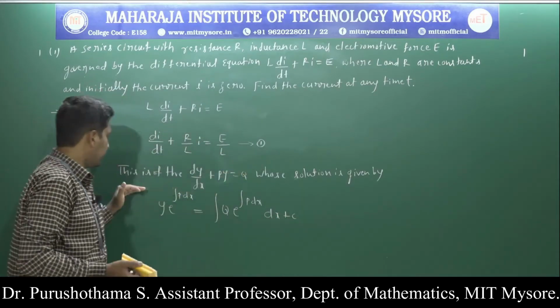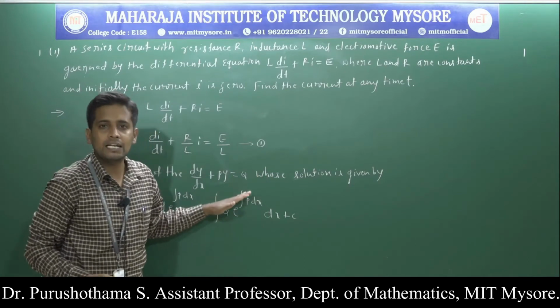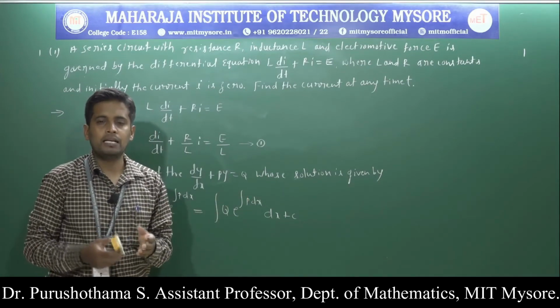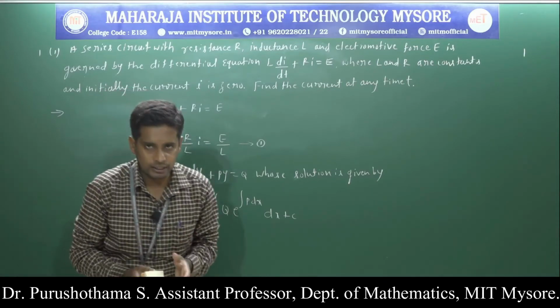Equation 1 is in the form dy by dx plus p into y is equal to q. This is the standard form of a linear equation. Linear means the dependent variable and its derivative are of first degree.